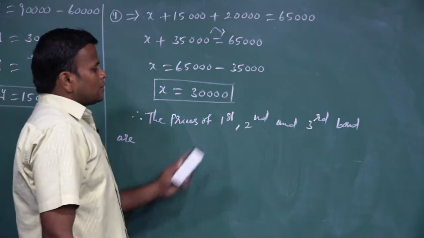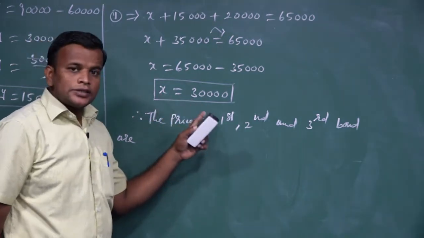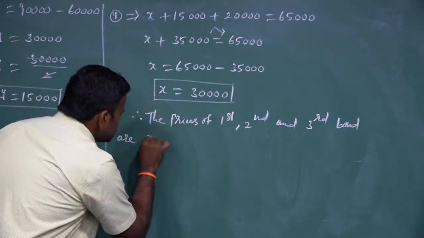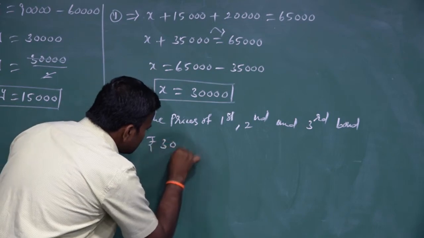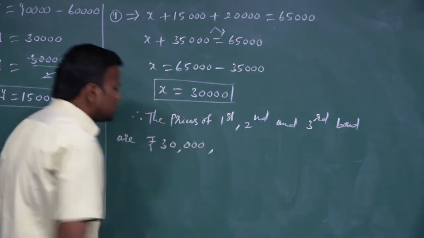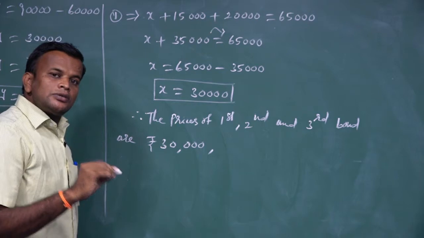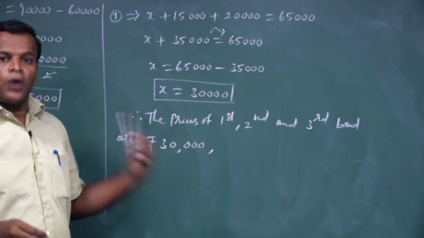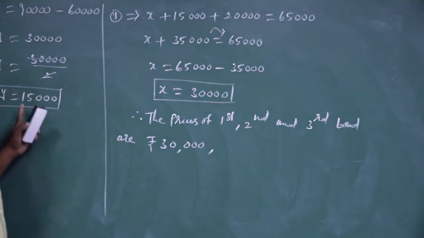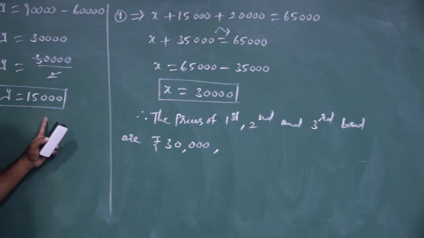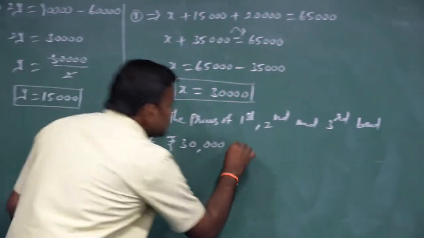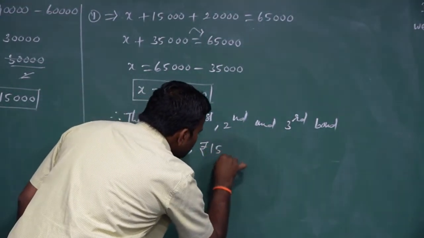the price of the first bond is x, whose price is 30,000 rupees. The price of the second bond is the value of y. The value of y is 15,000 rupees.